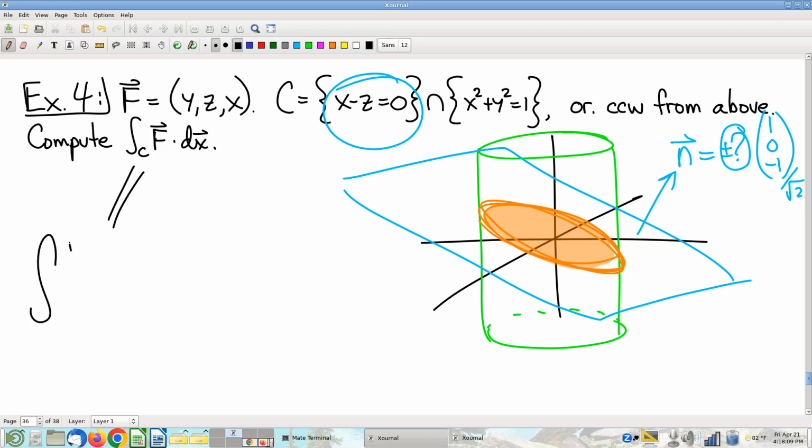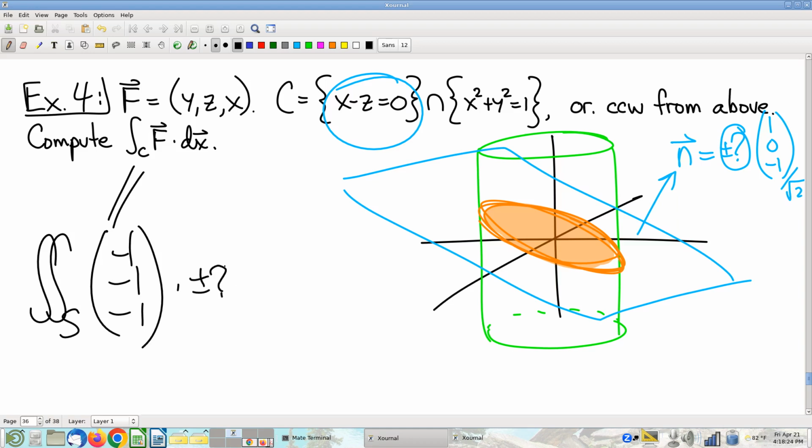Stokes' theorem would say I'm doing a flux through my new surface of the curl, which we already computed, dot my normal vector, which is possibly plus or minus. We'll deal with that later. But 1, 0, -1, factor of square root of 2.